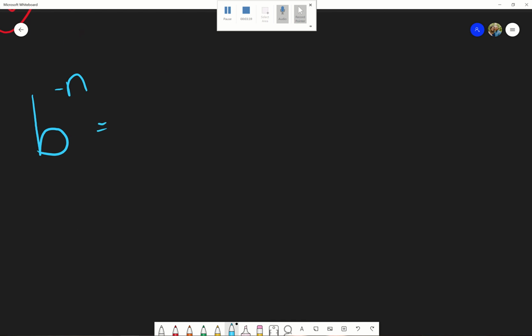This equals 1 over b to the power of n. Okay, so anytime I have a negative exponent, it's 1 over the positive exponent, as long as b does not equal 0. Because you can't divide by 0, the world will implode. All right.